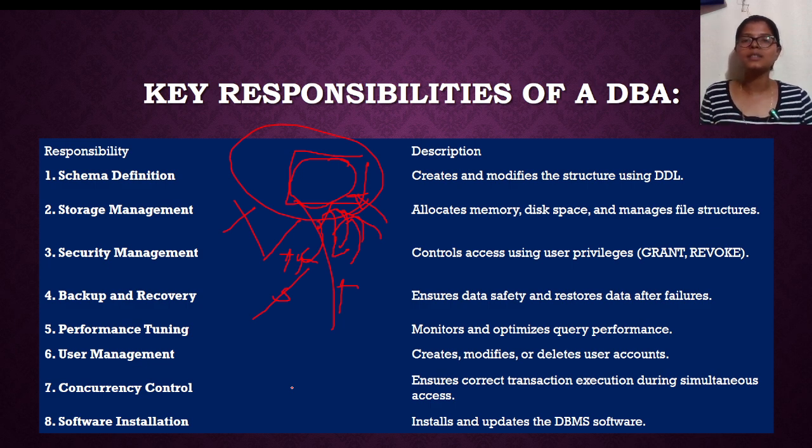He has to arrange it properly. That is the role played by the database administrator. We can call him the owner of the database. I hope you understand the user versus administrator difference: how users use the database, and how the administrator maintains the database. So this is about the users and the administrator of the database.